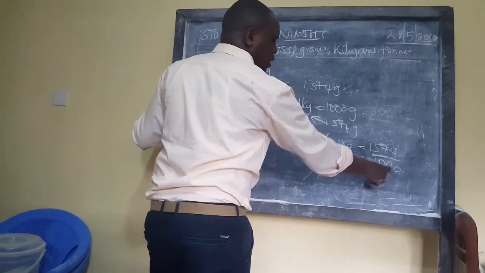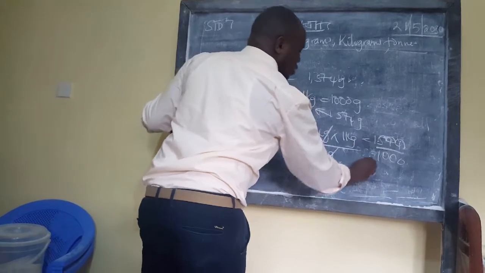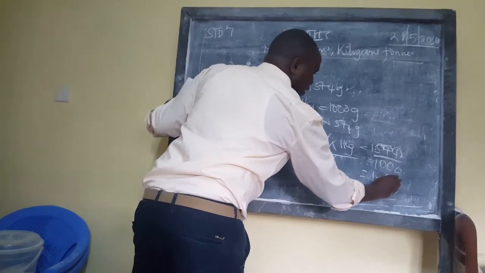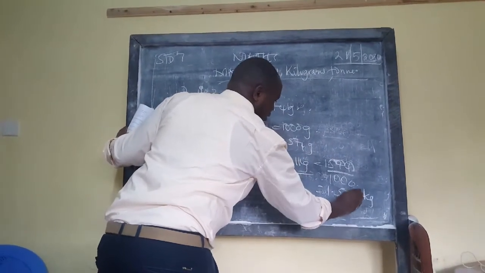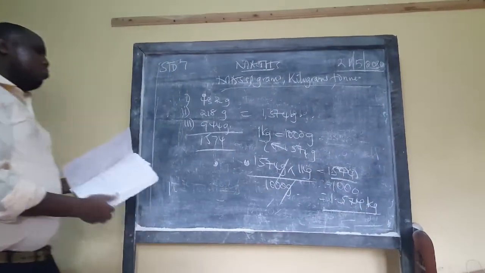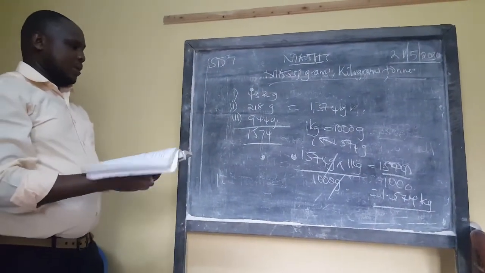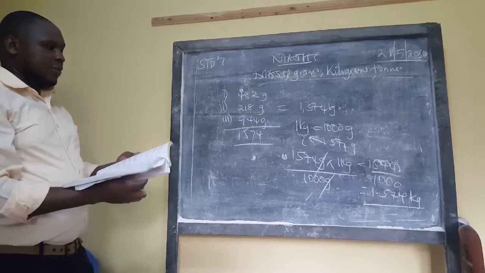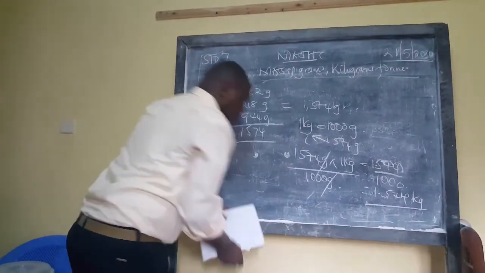So we are going to move backwards 1, 2, 3 times from here. That is going to be 1.574 kilograms. So the total mass of those parcels is 1.574 kgs.